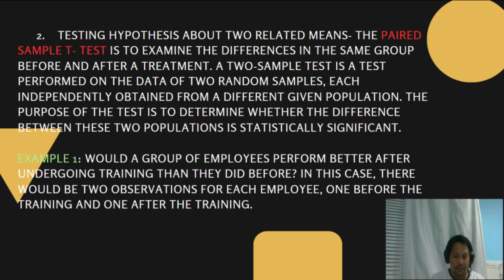For example, would a group of employees perform better after undergoing training than they did before? In this case, there would be two observations for each employee, one before the training and one after the training.